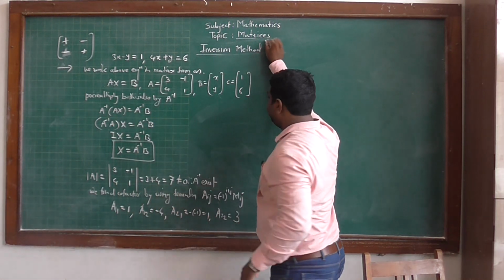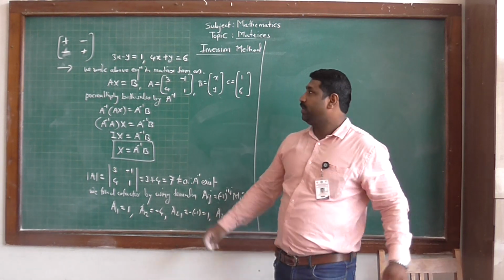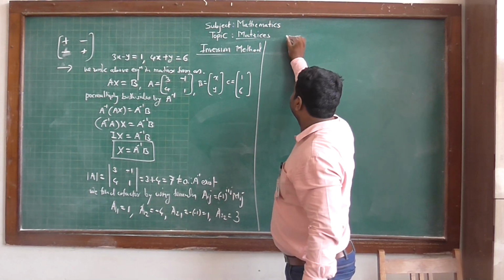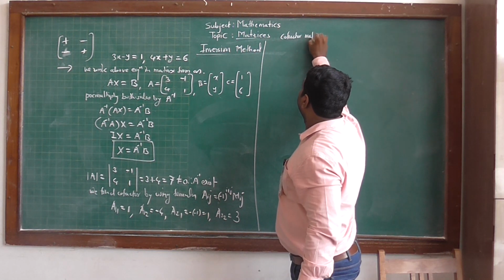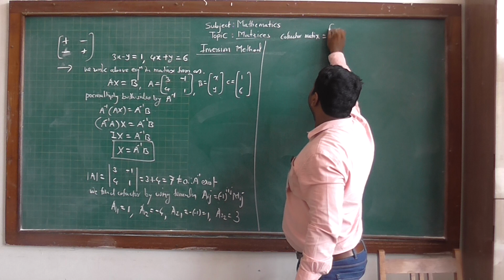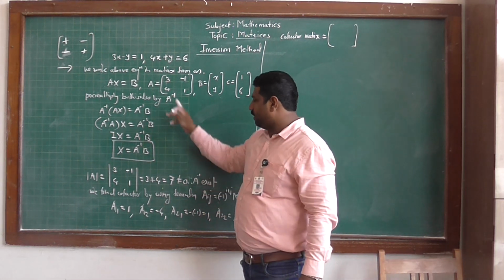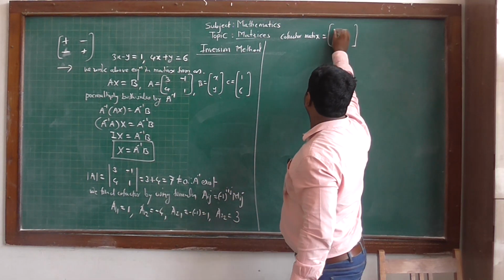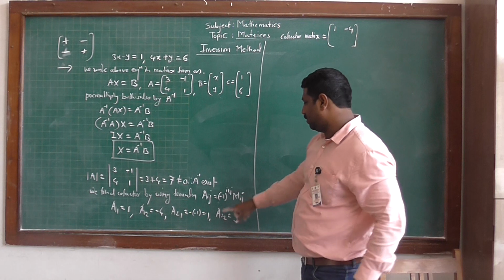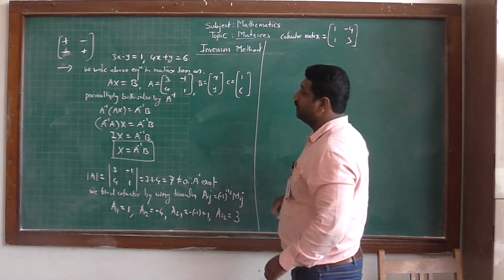Now we write the cofactor matrix. So the cofactor matrix is equal to 1 minus 4, 1 3.